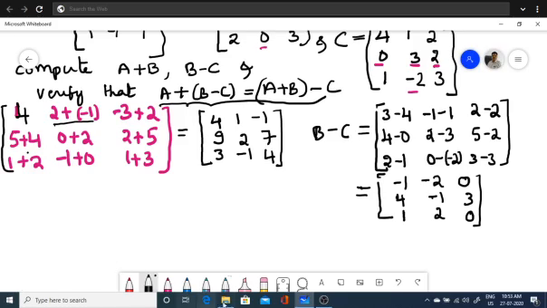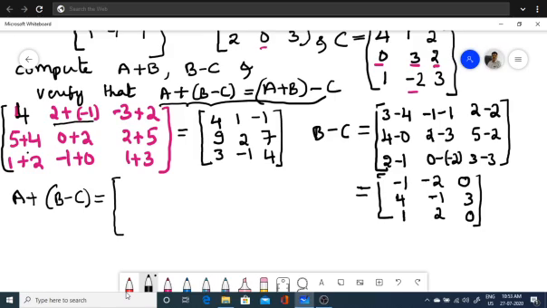A plus B and B minus C. So now let us find out computing the result. So that is A plus B minus C. We have to take A. What is A here?